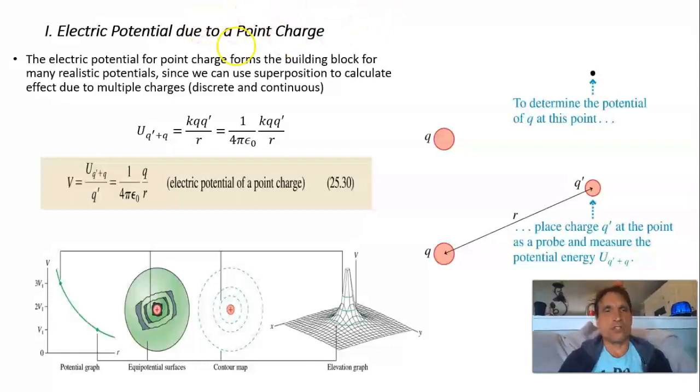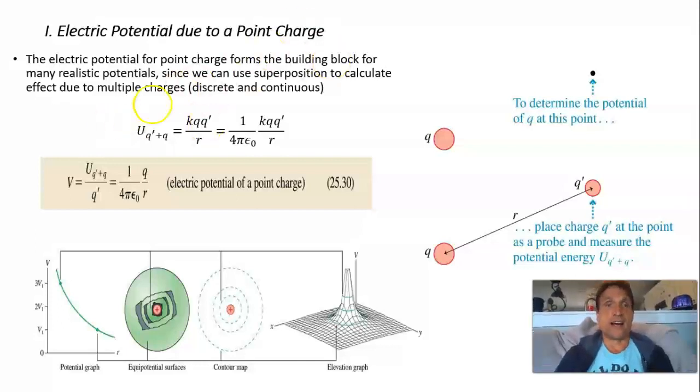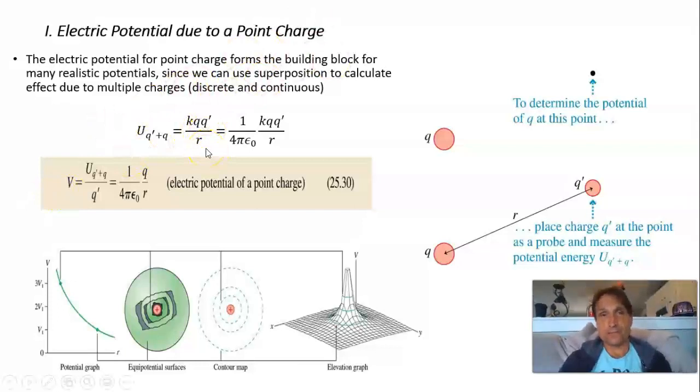So if you have two charges, Q and Q prime, and they're separated by some distance r, there's an electrical potential energy associated with their interaction, and it's a constant times the product of the charges divided by the separation.